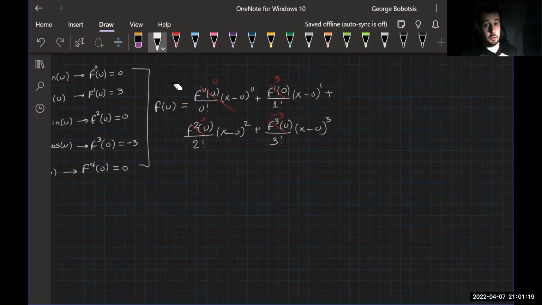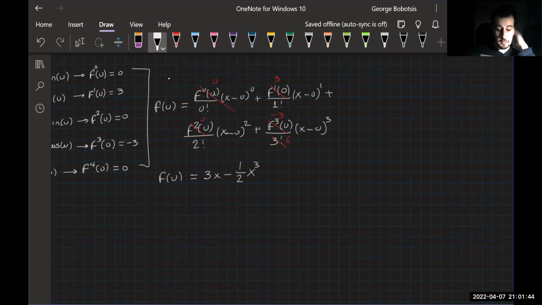My Taylor polynomial then, centered at 0 for f of u, is 3x minus 3, or no, 3 factorial here is 6, so minus 3 over 6 is minus 1/2 x cubed.